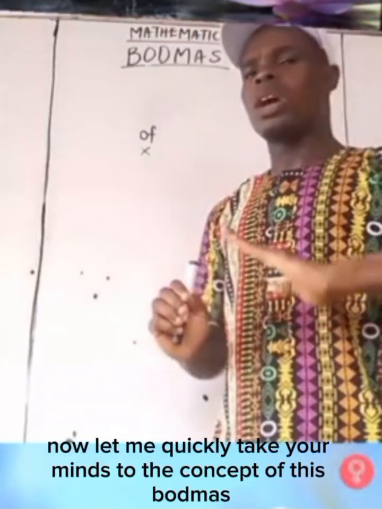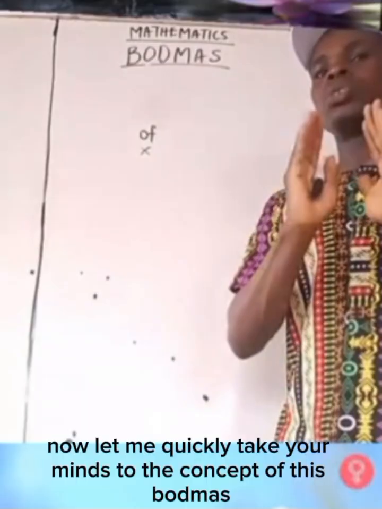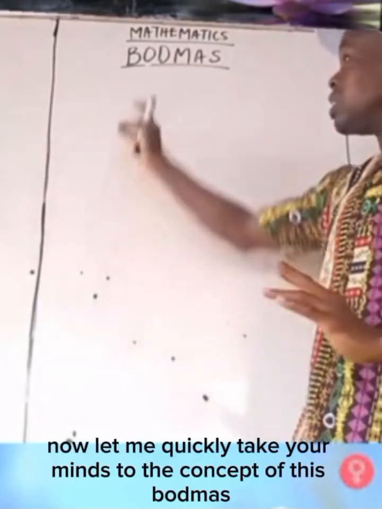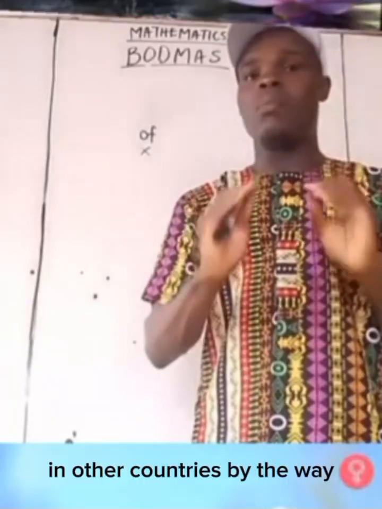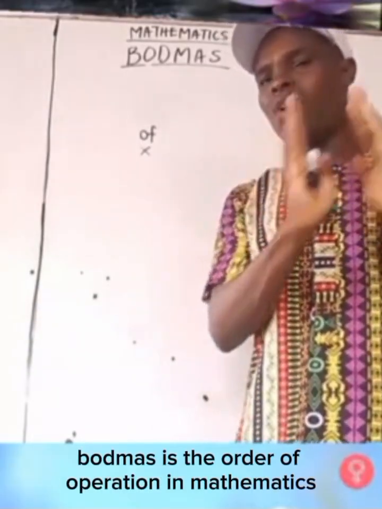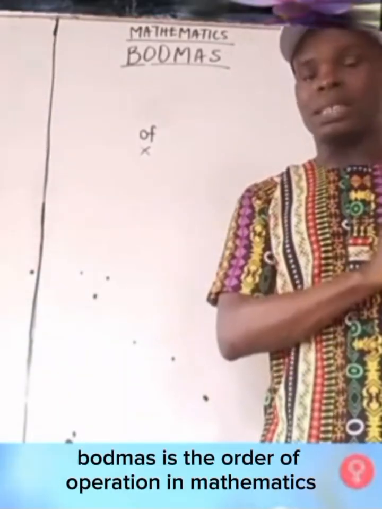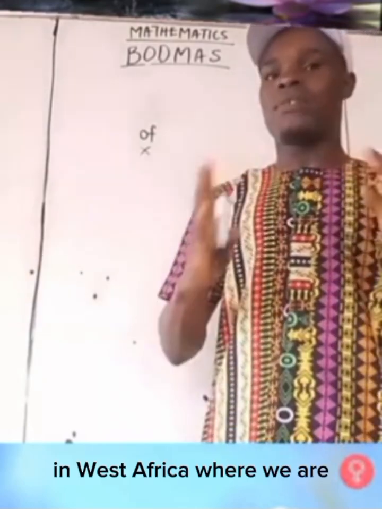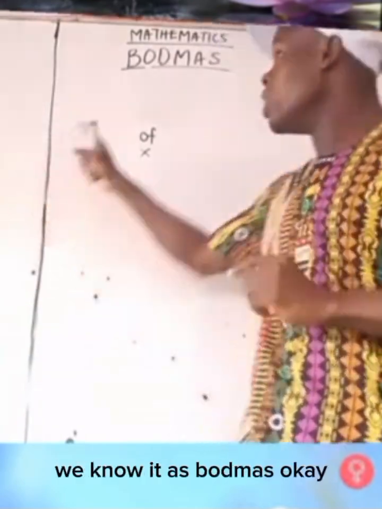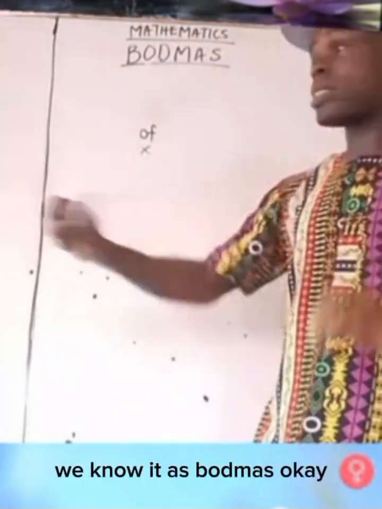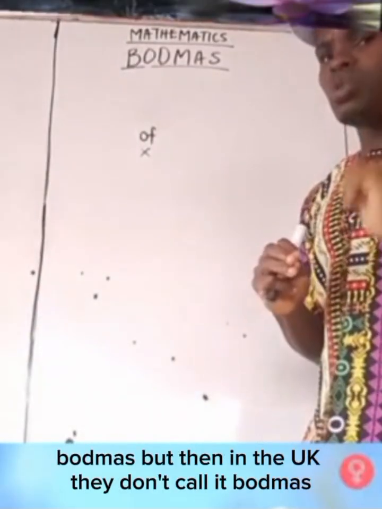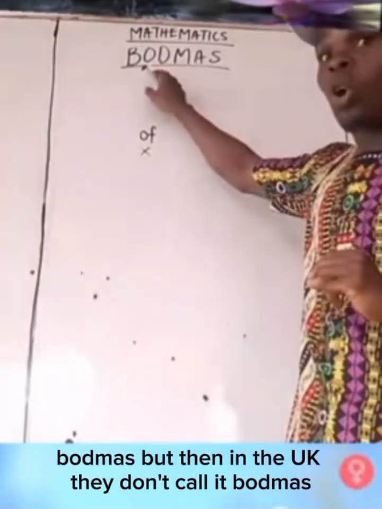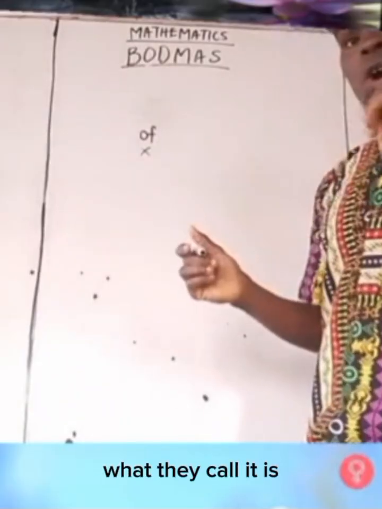Now, let me quickly take your minds to the concept of BODMAS in other countries. By the way, BODMAS is the order of operation in mathematics. In West Africa, where we are, we know it as BODMAS. But in the UK, they don't call it BODMAS.